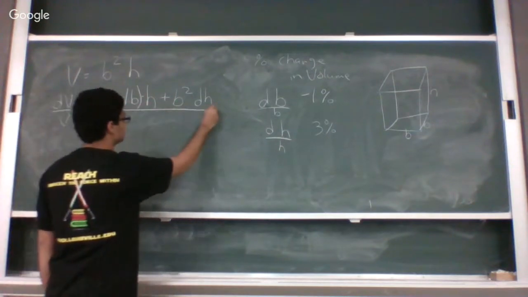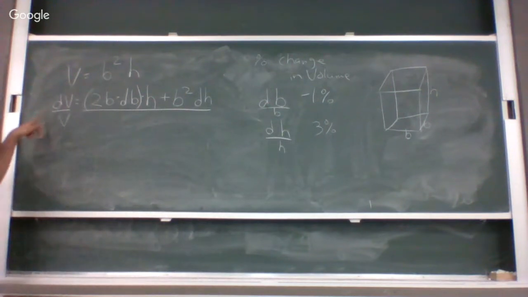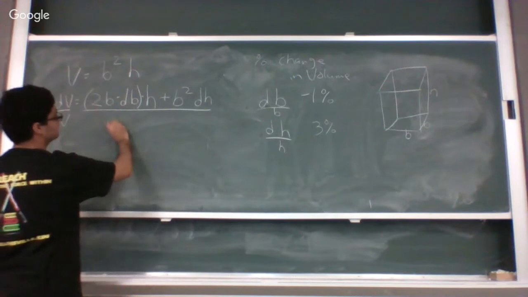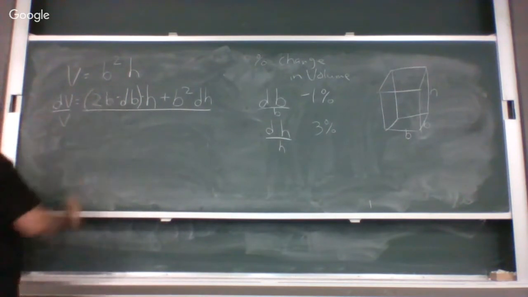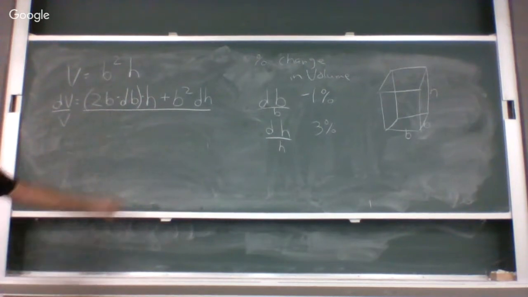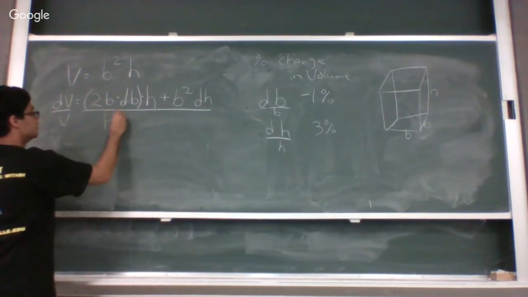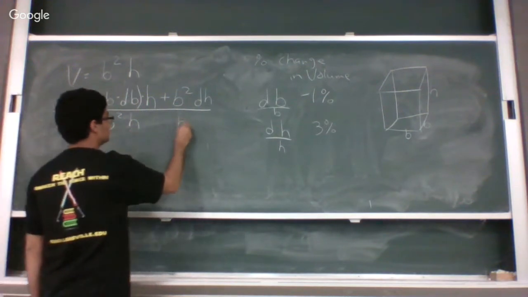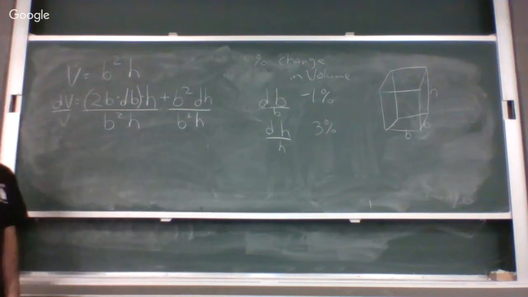So then, since we're finding the change in volume, we want dV over the volume. So we just write the equation of volume. But what makes it easier a bit is that since these are two terms, we can write it twice just to make it seem easier, and just make it two different fractions.